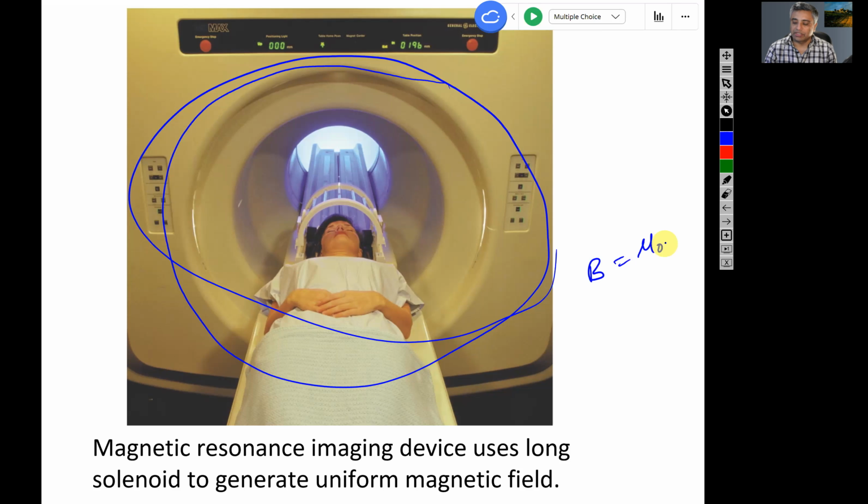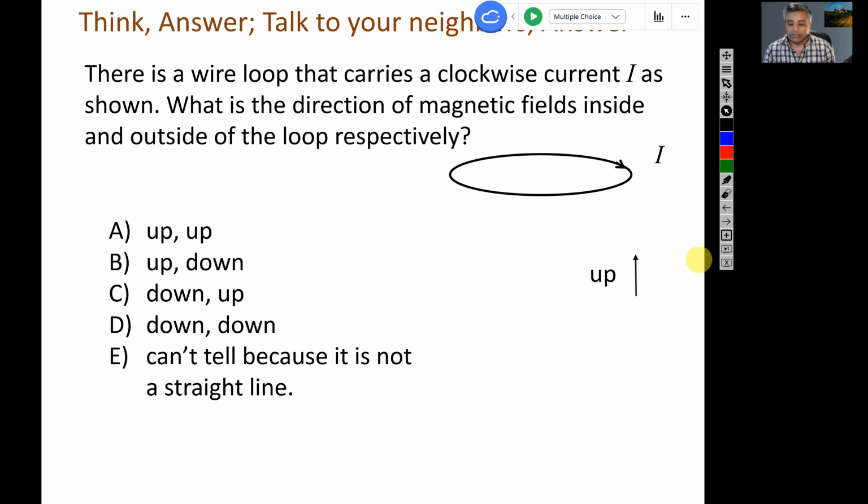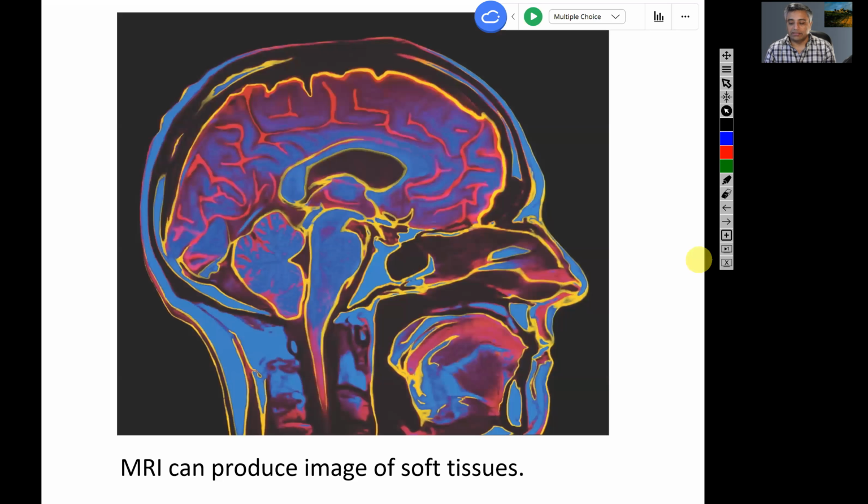B is mu naught n times I. I is the amount of current you are passing, and n is the number density of the coil, or n over L. So that's what it is doing. Now your image of, let's say, your head or the soft tissue inside your brain looks something like this. So it can produce an image something like that.